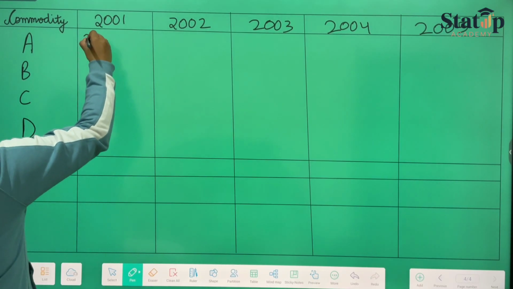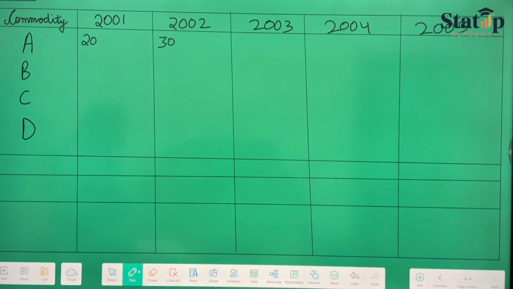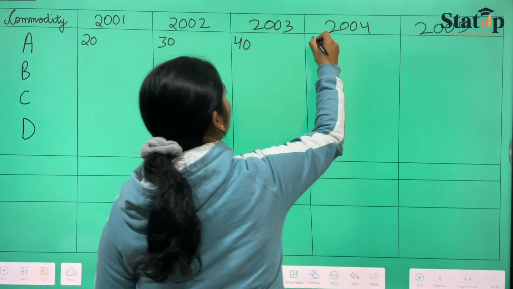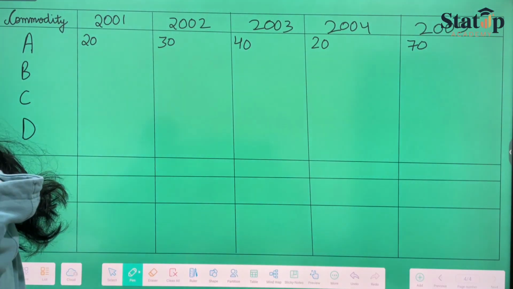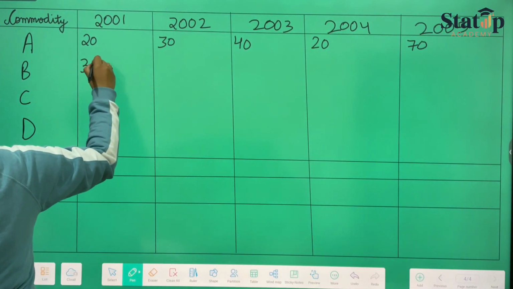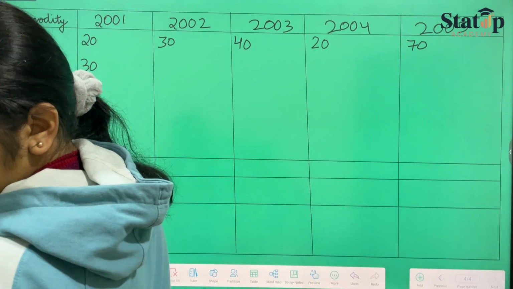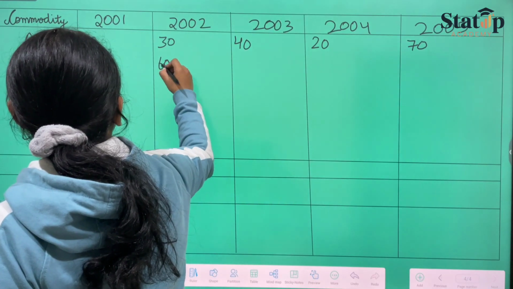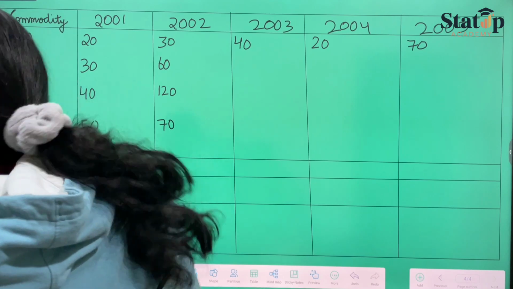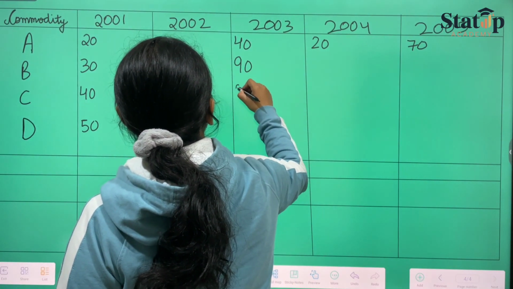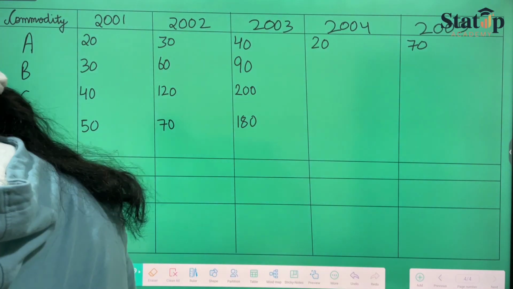And we have been given the values as 20, 30, 20, 30, 40, 20, 70, 30, 40, 50, 60, 120, 70, 90, 200, 180, 40, 80, 110.